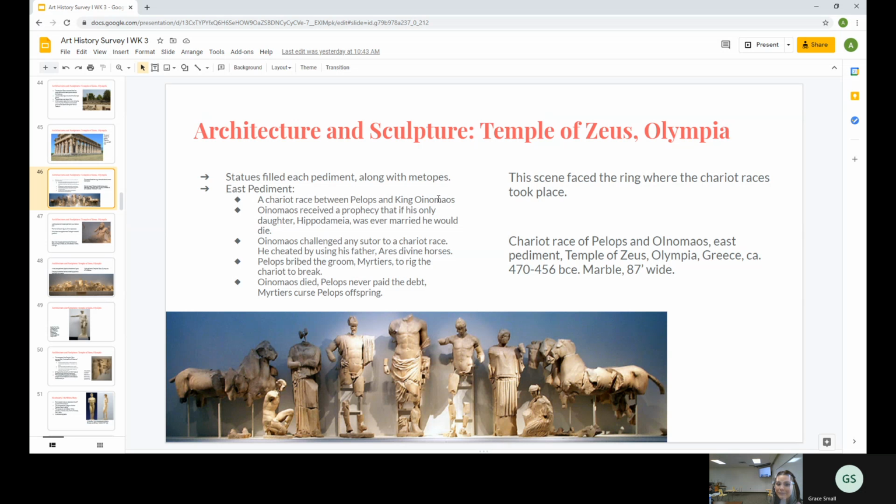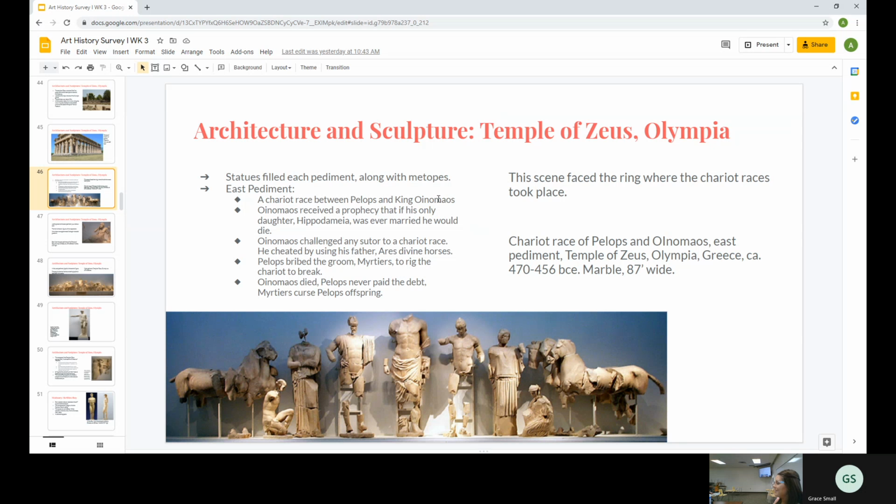But Pelops comes along and bribes the groom that takes care of the horses and the chariot to rig the chariot to have an accident. So Oenomaus ends up actually dying on the racetrack as his chariot collapses, and Pelops wins the race.